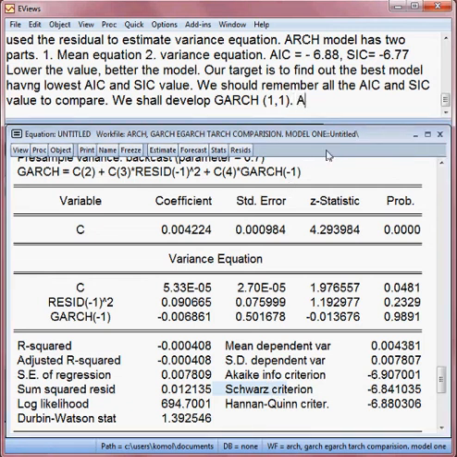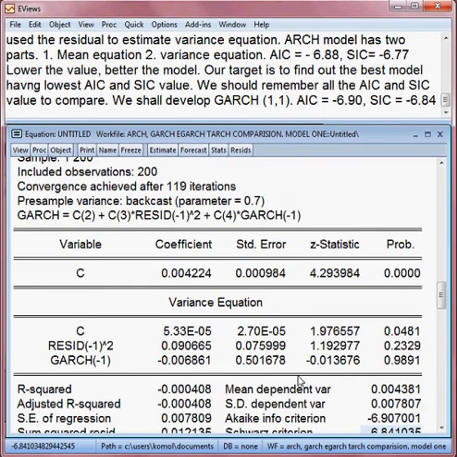The value of AIC is minus 6.90, and SIC, the Schwarz criteria, I call it SIC, is minus 6.84. You can see from here 6.84. So one is minus 6.9 and the other is 6.84.